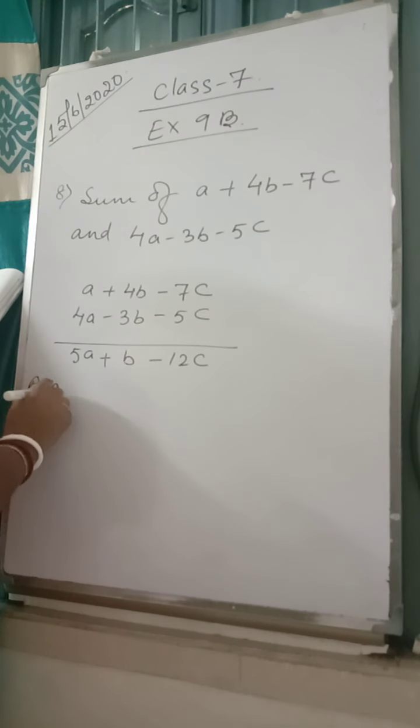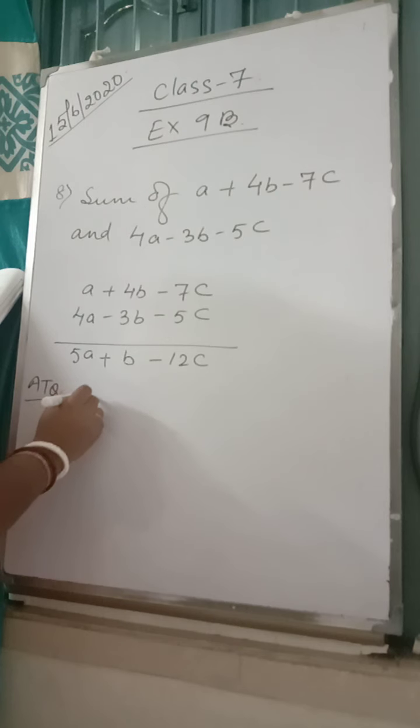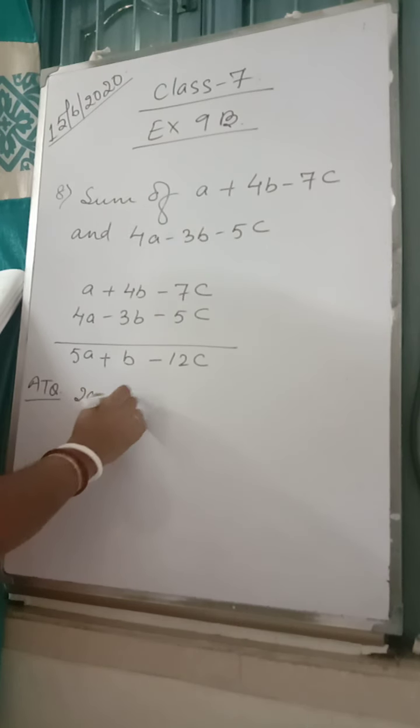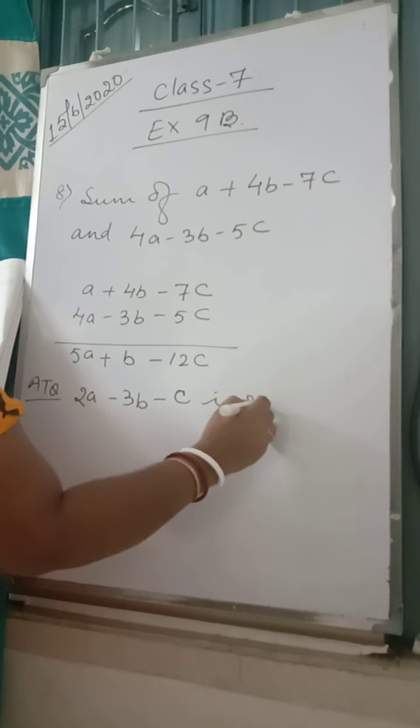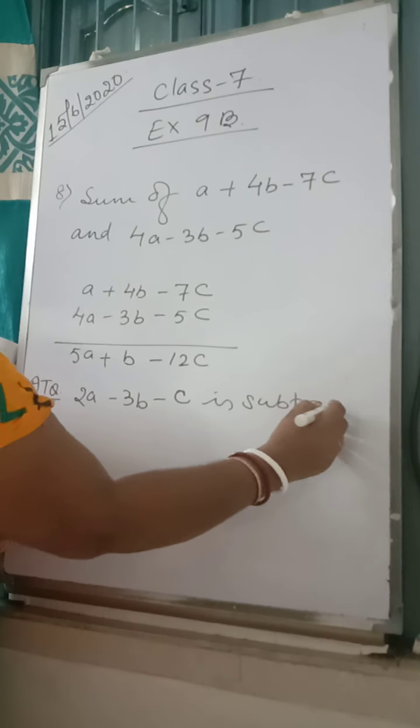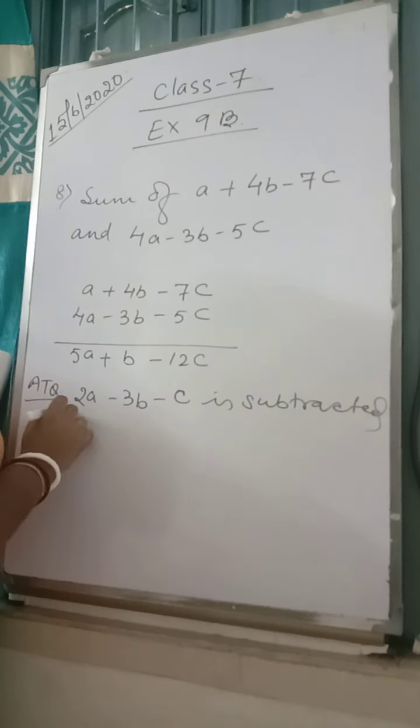According to the question, 2a minus 3b minus c is subtracted from the sum.